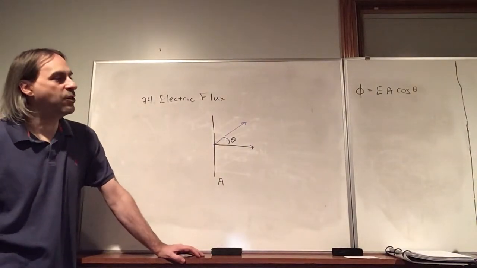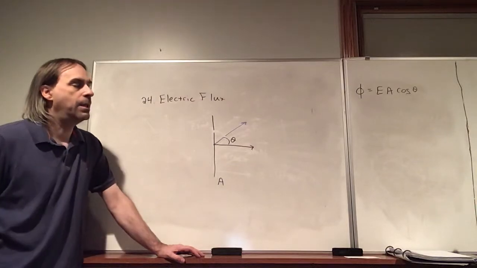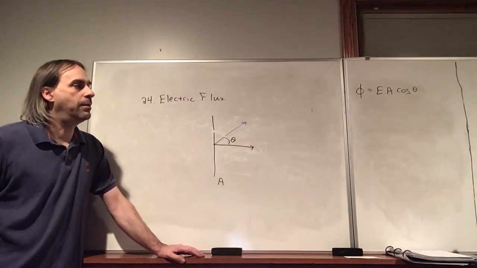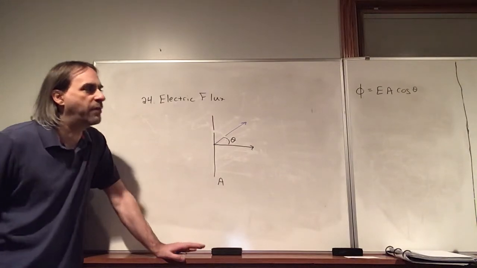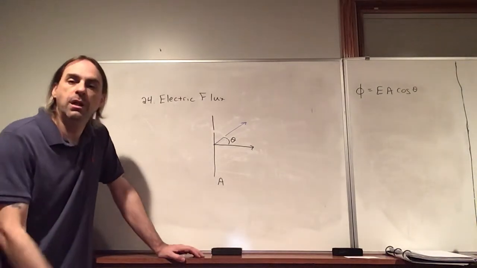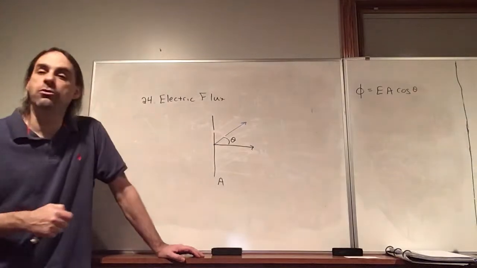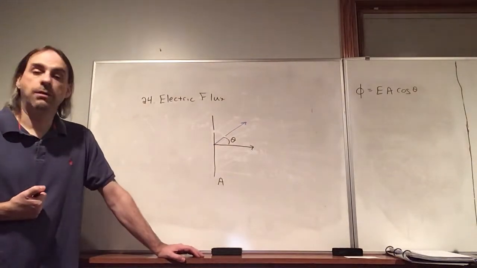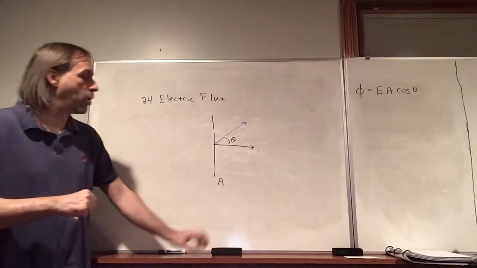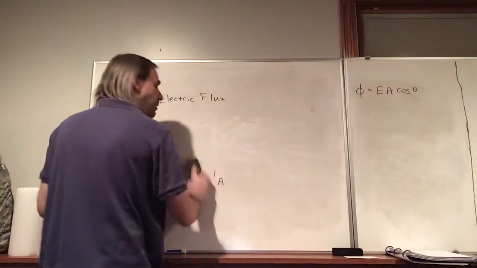Now again, this is still a bit of a special case, because what if the electric field is not constant? It could vary in either magnitude or direction. Well, that would complicate things a bit. But again, that's a very real problem. Let me give you an example.